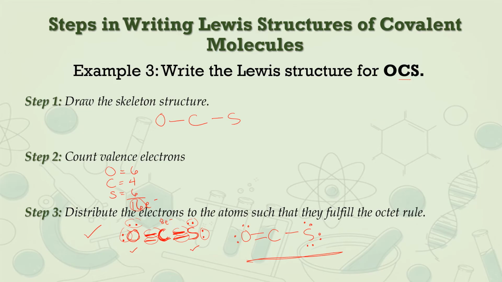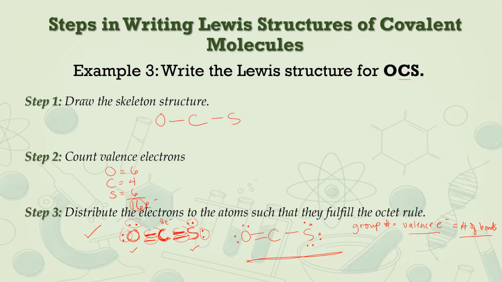Now, always remember that, as we have mentioned, the group number represents the valence electrons, right? And the group number also represents the number of bonds that that element could make. So the group number represents two things: the valence electrons and the number of bonds.